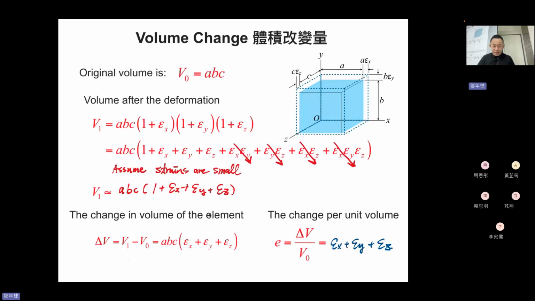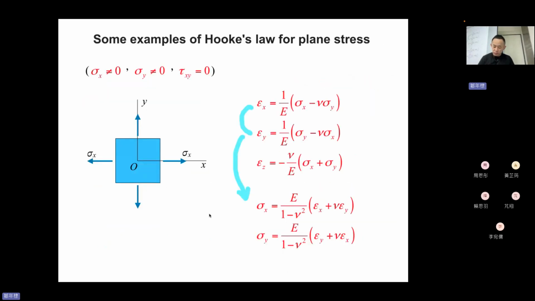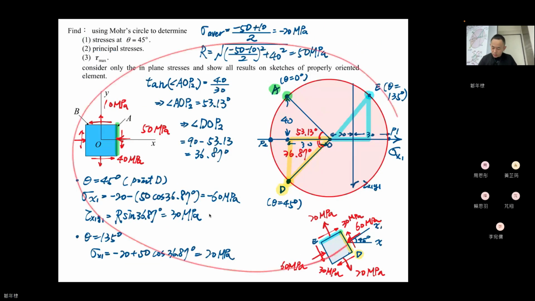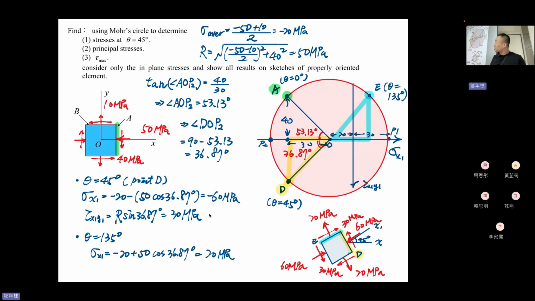So yesterday we talked about some examples, right? The example was Mohr's circle. In Mohr's circle, we first define the origin by using sigma average and R, and we can get the circle. And then we define the plane A in the circle space, point A, by using the components of the stress.